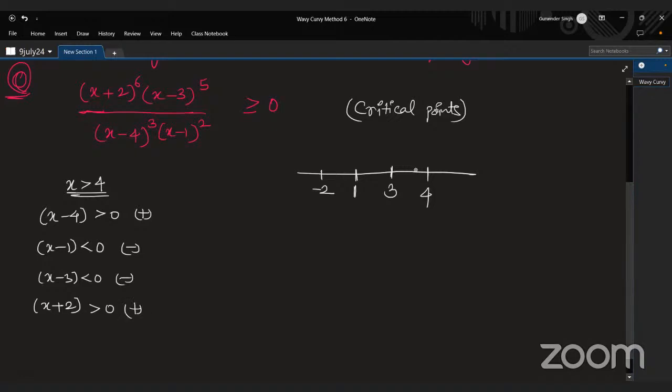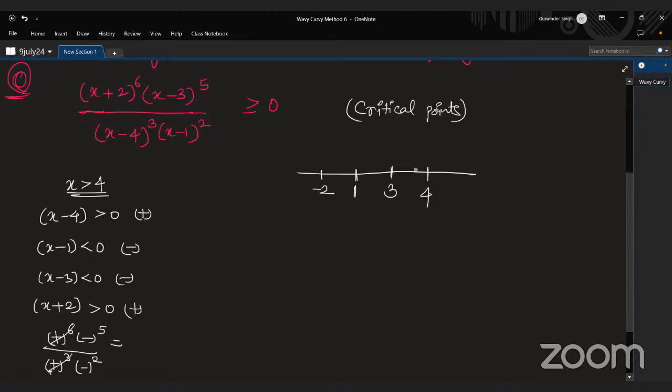So when I evaluate on the right side of 4, it will be x plus 2, that is positive raised to power 6, into x minus 3, negative to the power 5, divided by x minus 4 to power 3. X minus 4 is positive, so positive to power 3, and x minus 1 is negative, so negative to power 2. Positive will remain positive only.